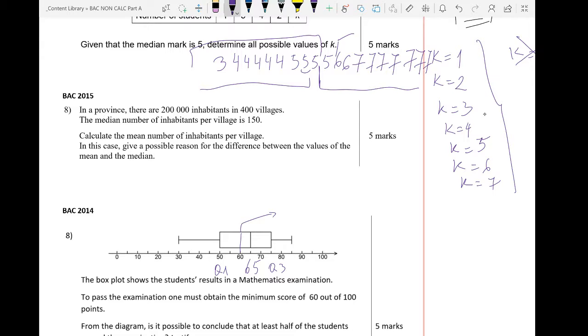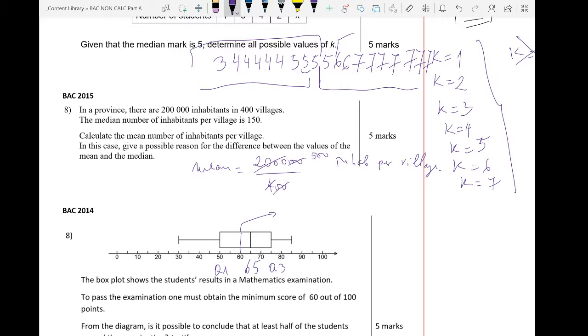So what's the mean? We have 200,000 divided by 400, it's 500. 500 inhabitants per village.